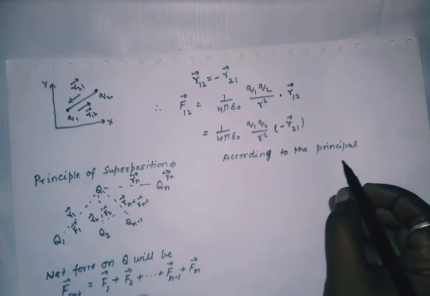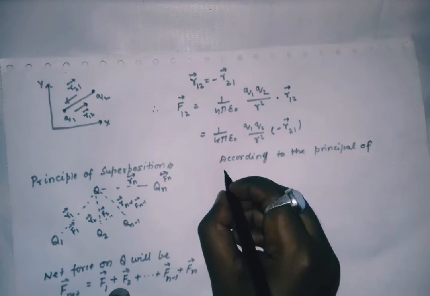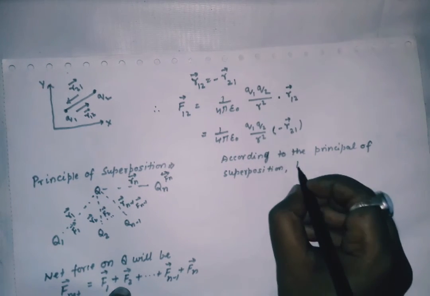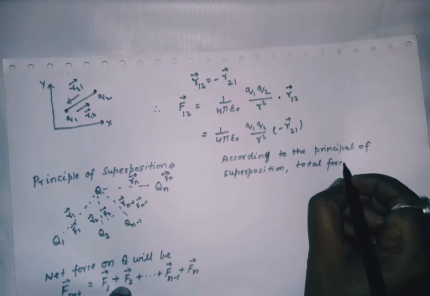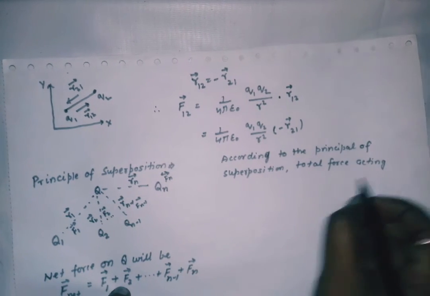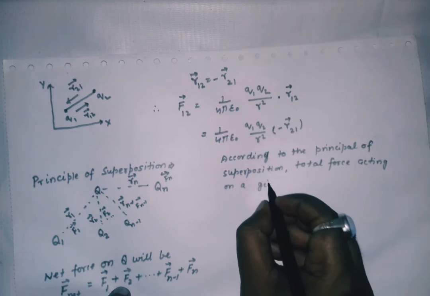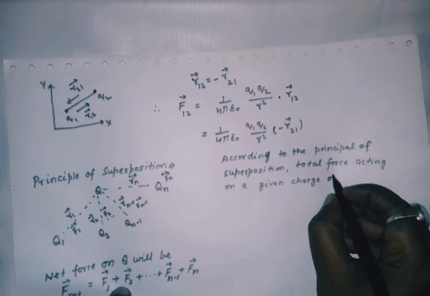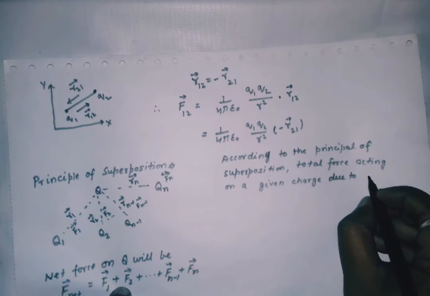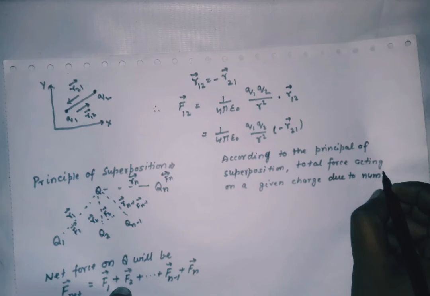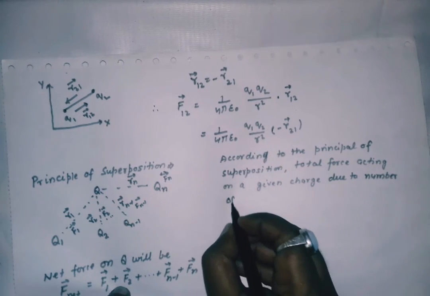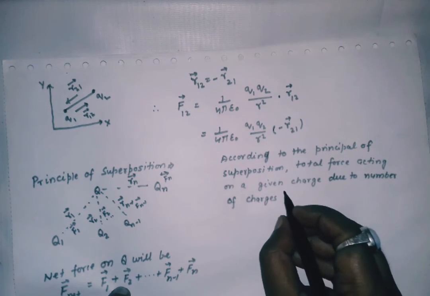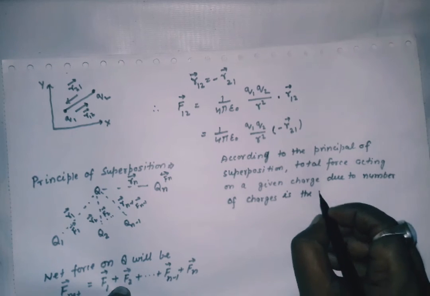So according to the principle of superposition, the total force acting on a given charge due to a number of charges is the vector sum.